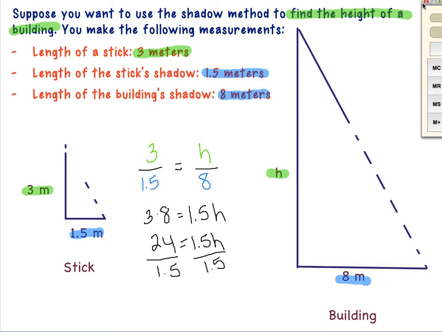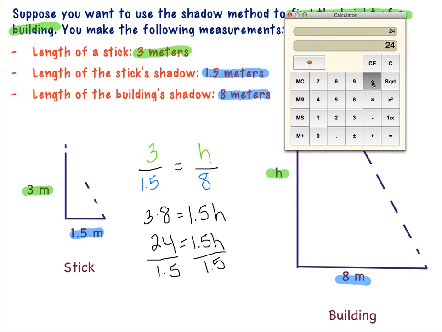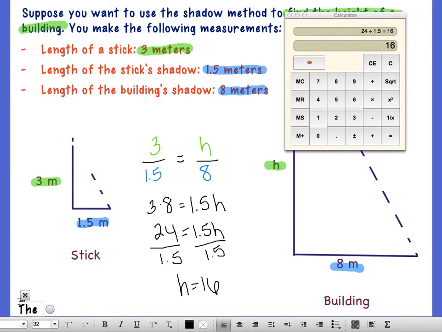And just to save us some time here, 24 divided by 1.5, we get 16. So then H equals 16. So my sentence then would be, the height of the building is 16 meters.